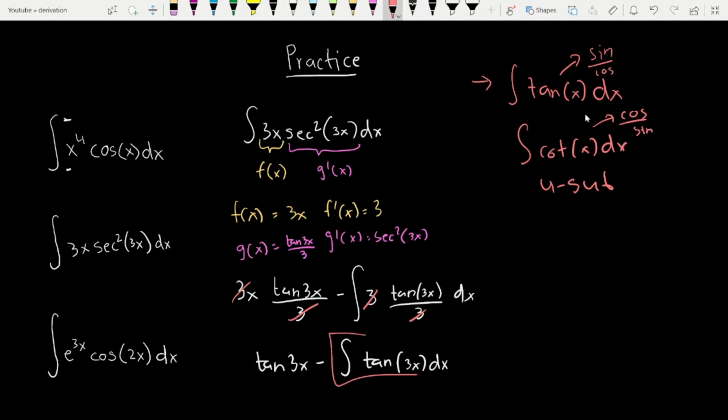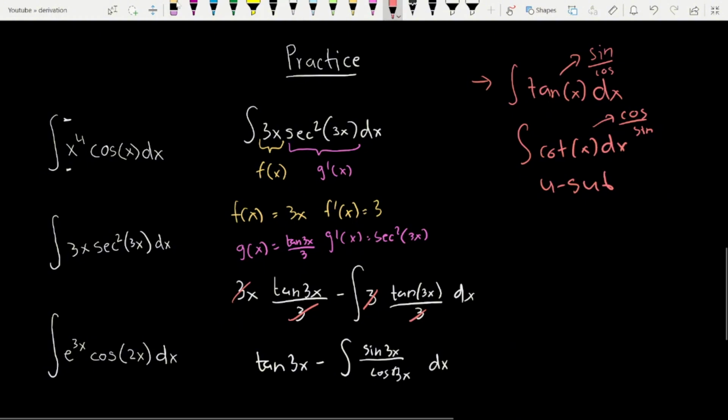Well, over here you can do the same. First, what I would recommend you to do is basically turn this thing into sine 3x over cosine 3x.